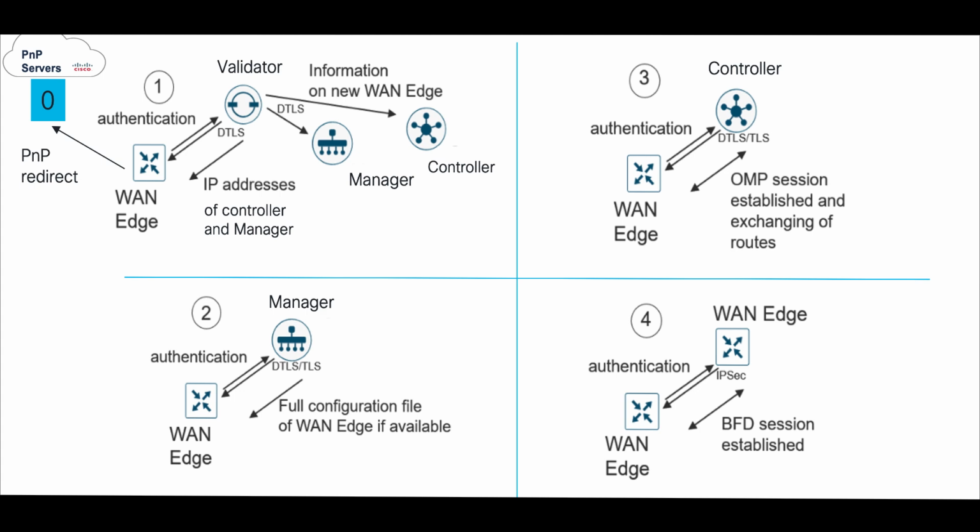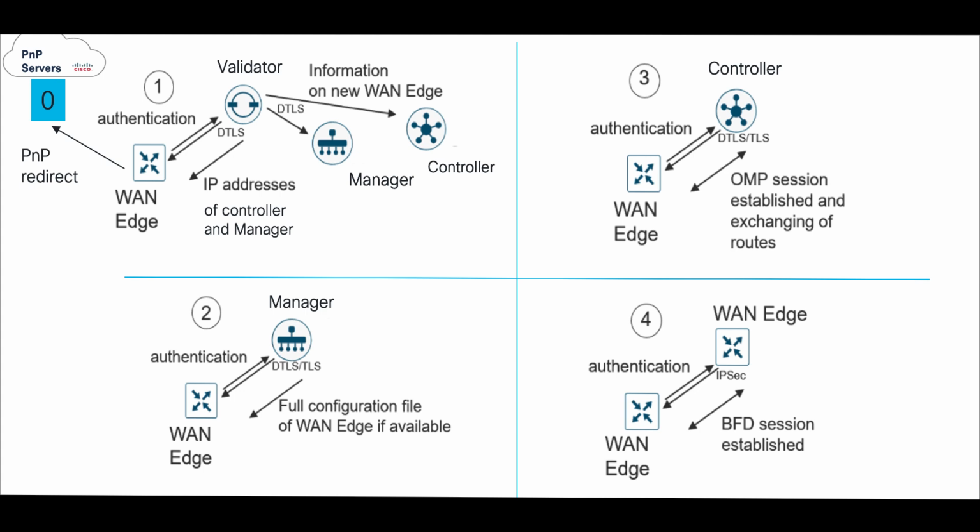From that point, in step two, the SD-WAN manager will configure the WAN edge, and it will also configure parameters for the WAN transport, VPN 0, and also the service VPN. In step three, since the SD-WAN manager has already configured the WAN edge with the credentials, the controller and the WAN edge are now able to communicate with each other.